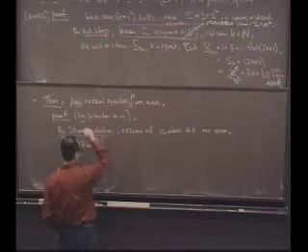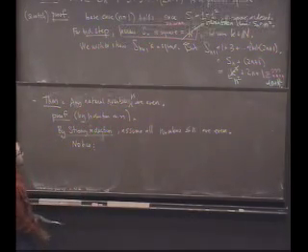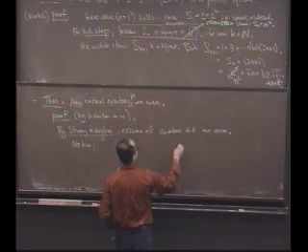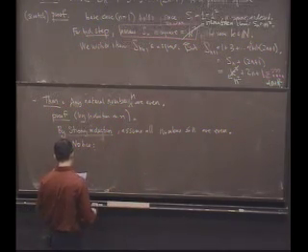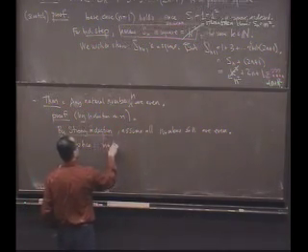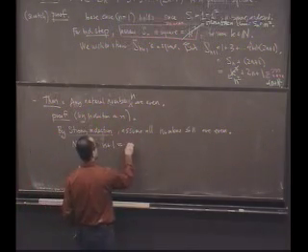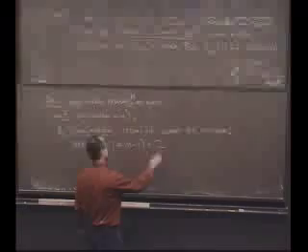Notice that if you give me a number n, I assume all numbers less than or equal to n are even. So let's look at n plus 1. Well, let's see. I claim n plus 1 is n minus 1 plus 2.